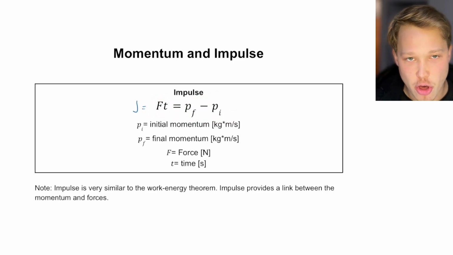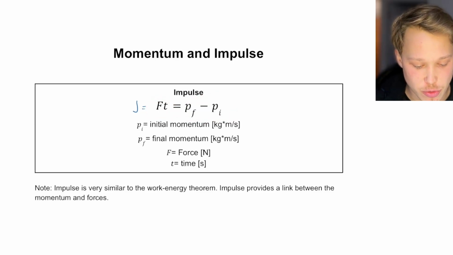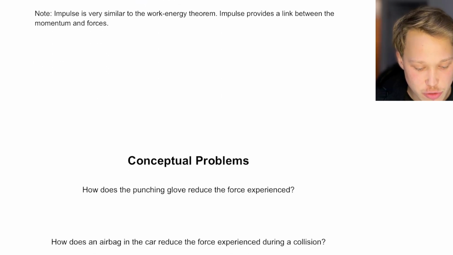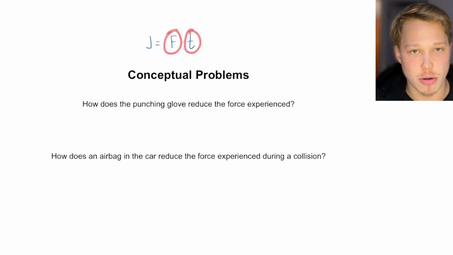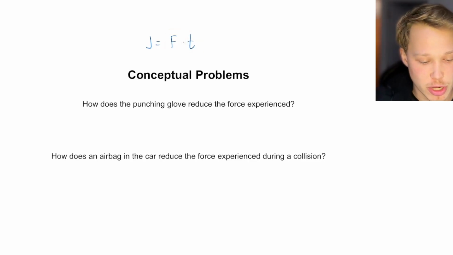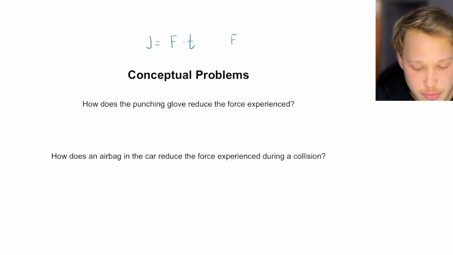Let's take a look at some other conceptual applications of impulse. I want us to note that in the equation for impulse, J equals force times time, since force and time are on the same side of the equation, they are inversely related.